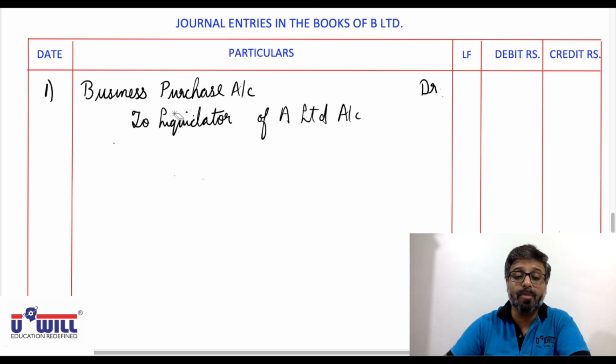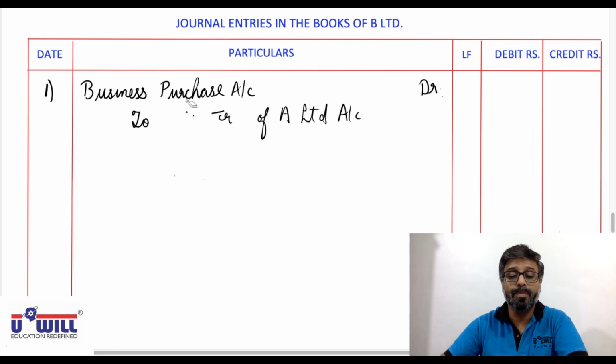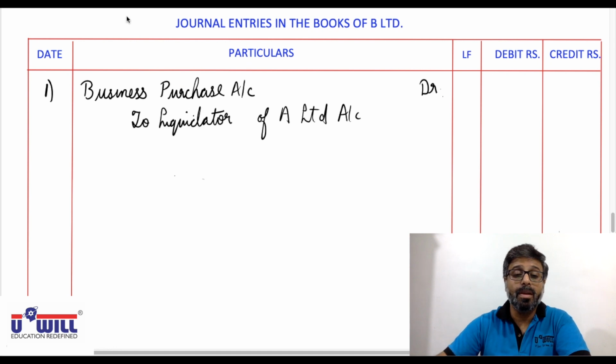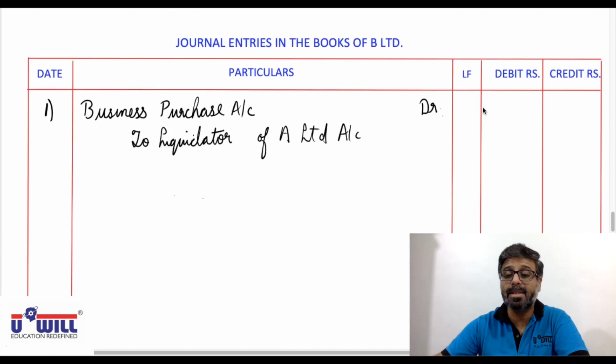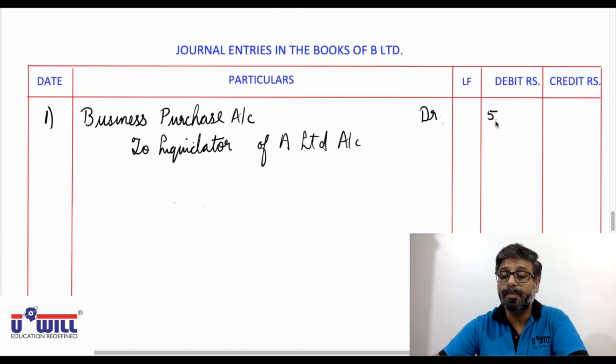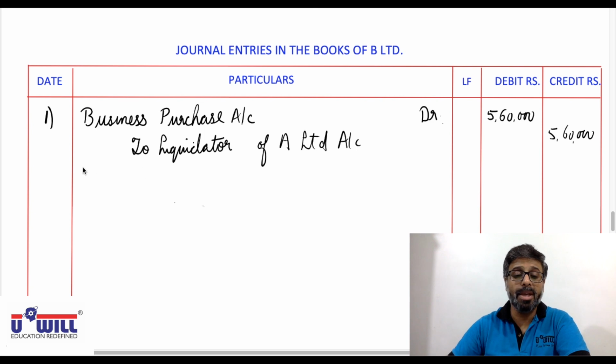So what is the amount of purchase consideration? As we have calculated the amount of purchase consideration, 5,60,000. Being business of A Limited purchased.